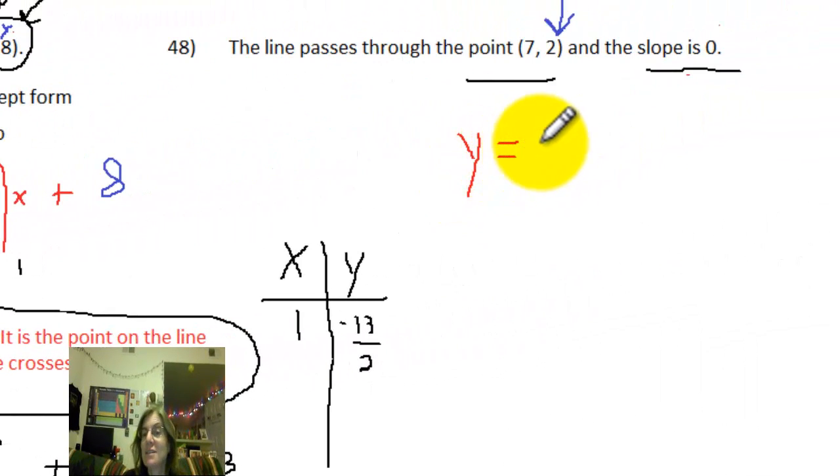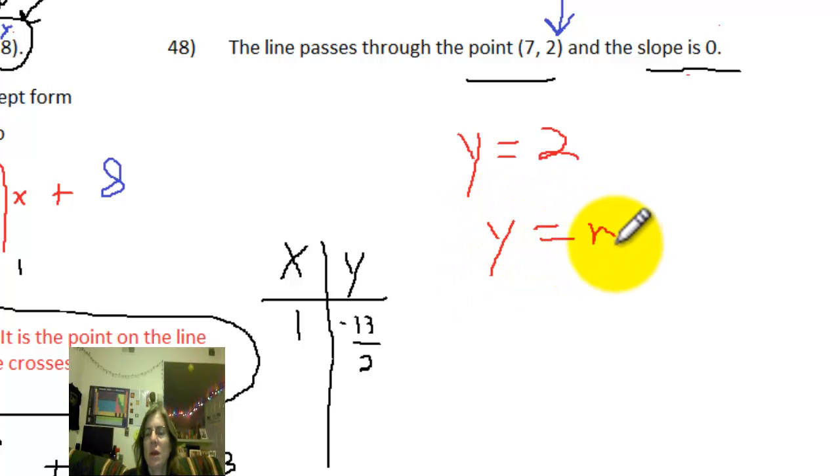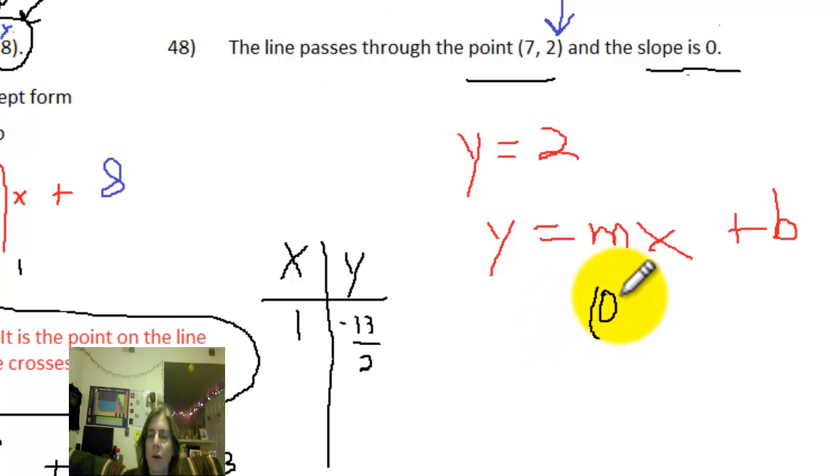And the reason why is because the real equation, y equals mx plus b, whenever the slope equals 0, you're plugging in a value for m as 0.